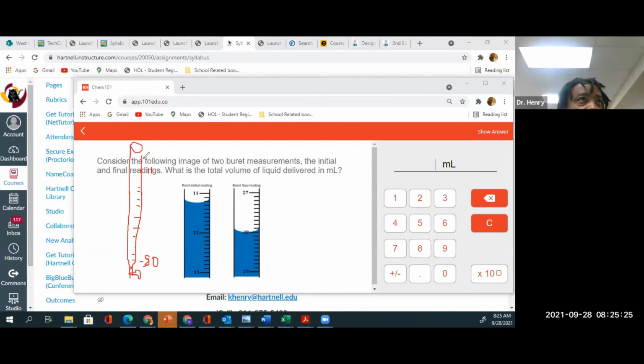So, at the very top, it'll be at 0 up here. So from 0 to 50, that would represent the full volume of the burette. Here you had a reading that was above 11, right? So in this case, we would go where the meniscus is.